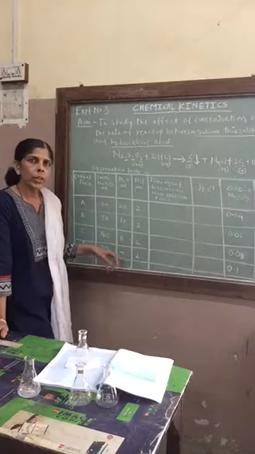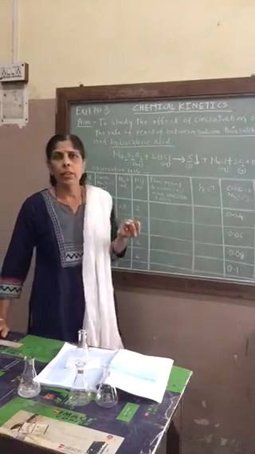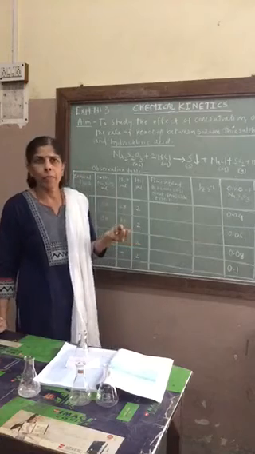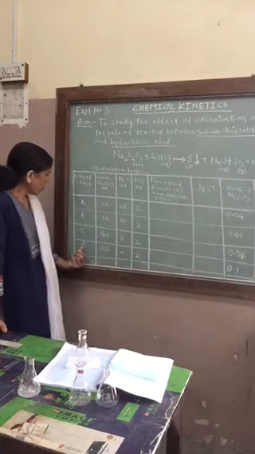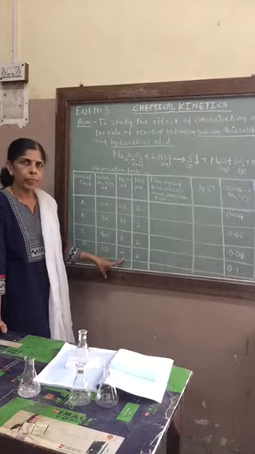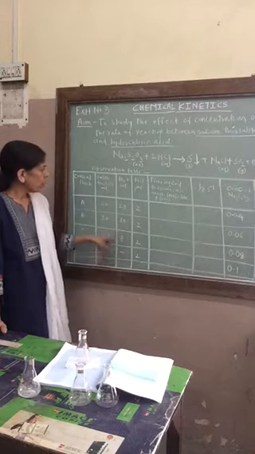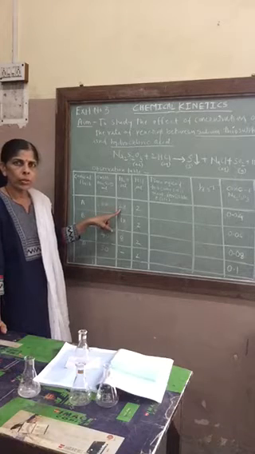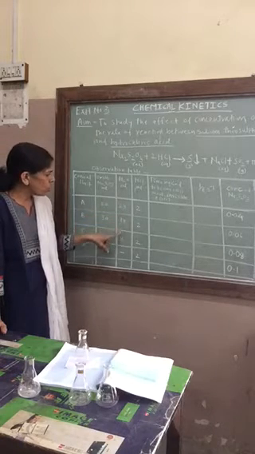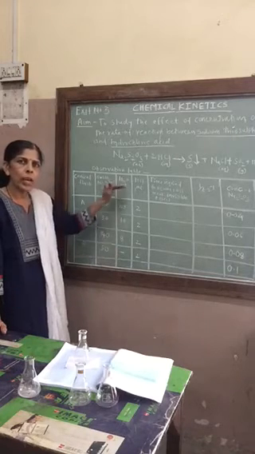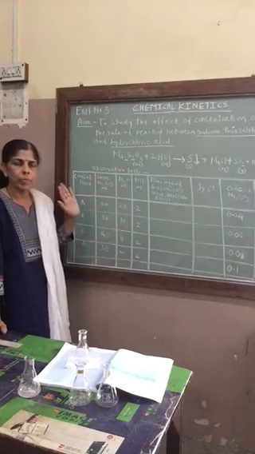If water is less, that solution is concentrated, so the solution in flask D is highly concentrated. The solution in flask A is dilute, and concentration increases from flask A to flask D.